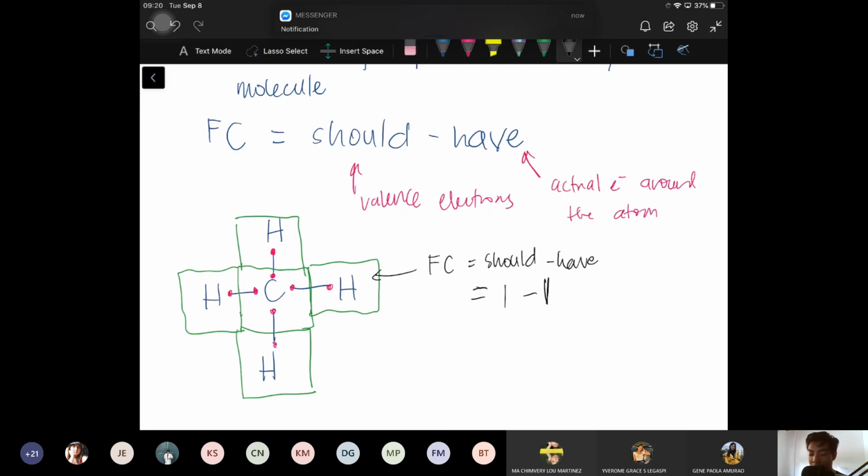May isang half kay hydrogen. So, 1 minus 1 is 0. So, that means this hydrogen doesn't contain any formal charge. The same is true for the other hydrogens. Pwede mo yung gawin-gawin na. So, that means the formal charge for hydrogen here is 0. How about carbon?